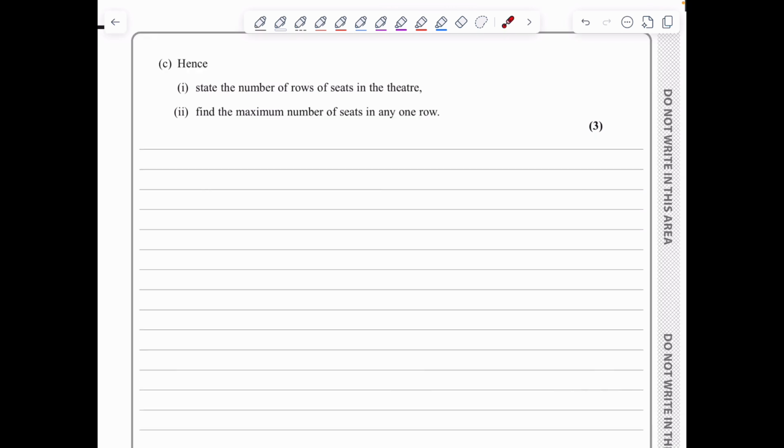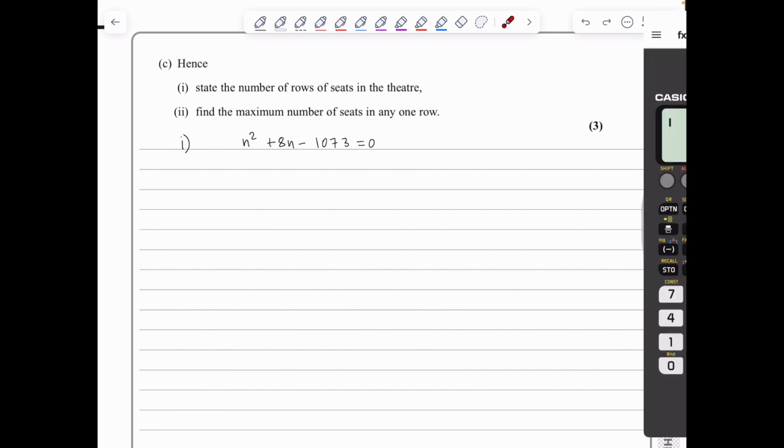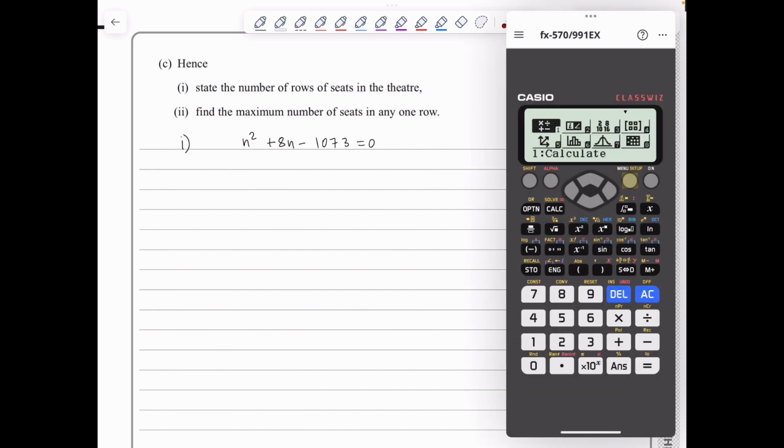In part C, we need to state the number of rows of seats in the theater and then find the maximum number of seats in any one row. So we have this quadratic equation in n and I need to solve it. I can use my calculator. So I press menu, it's option A. It's a polynomial of degree 2. So my a is 1, my b is 8, and my c is minus 1073.